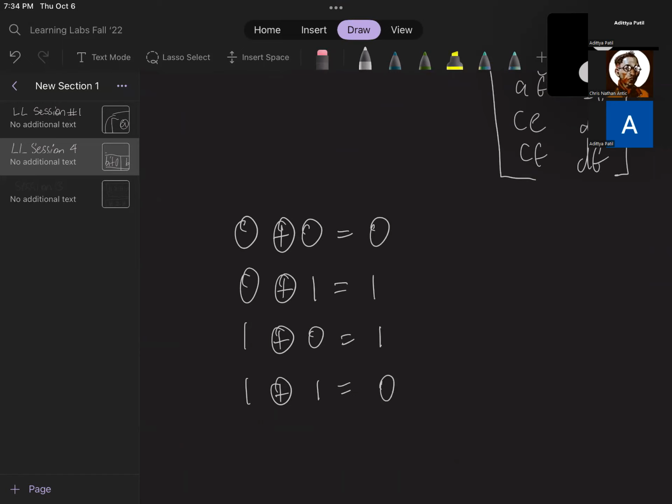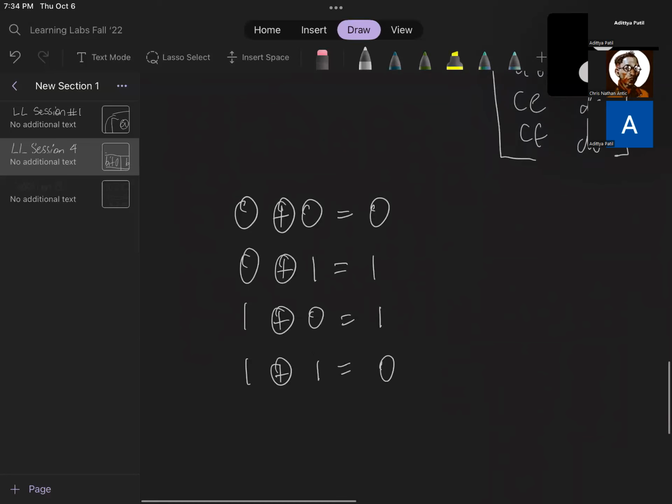But if we're doing XOR on 0 or 1, everything is the same as classical. So for modular arithmetic, with the plus in the circle, 0 mod 0 is 0, 0 mod 1 is 1, 1 mod 0 is 1, and 1 mod 1 is 0. Does this make sense to everyone?